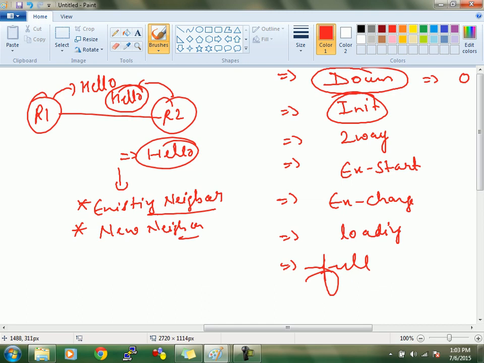In EIGRP also we were having the same cases. When a router heard a hello, there can be two cases. One is it is getting hello from an existing neighbor, second is new neighbor. If it is getting hello from an existing neighbor, what it will do?